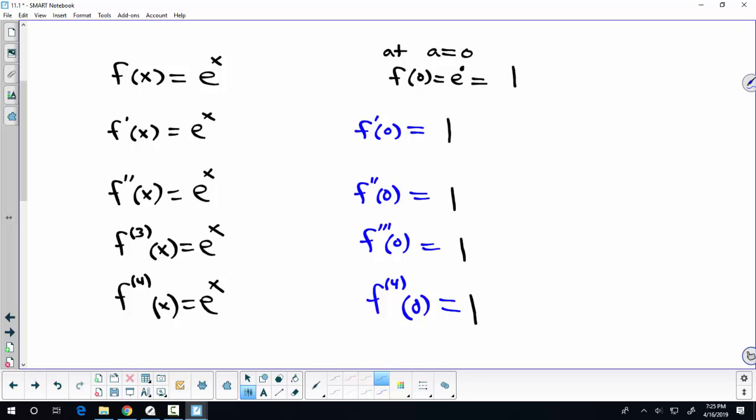So that's really just giving us this part of our Taylor polynomial. When we construct that, we have to remember that those numbers are divided by their respective factorials, 2, 3, 4, whatever, and it's multiplied by x minus your center to the same power.